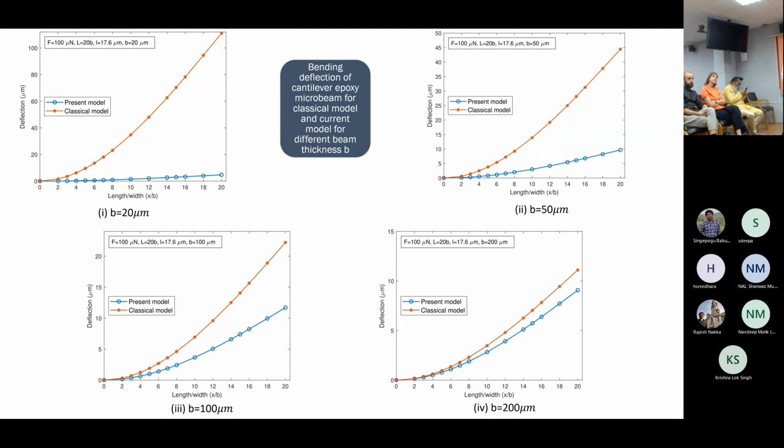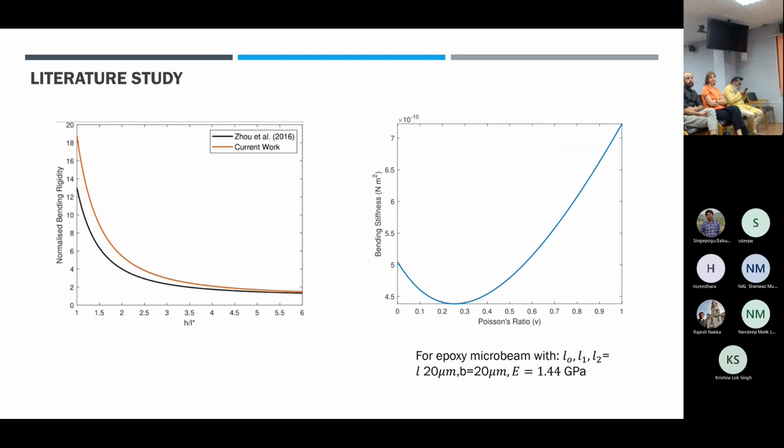If we go for the 20 micrometer beam width, there is a huge difference between the deflection results given by the classical model and the strain gradient model proposed by us. As we increase the beam thickness, this difference starts to reduce. So it shows that as we move to smaller length scales, we need to take these effects into account to obtain a better approximation of the deflections.